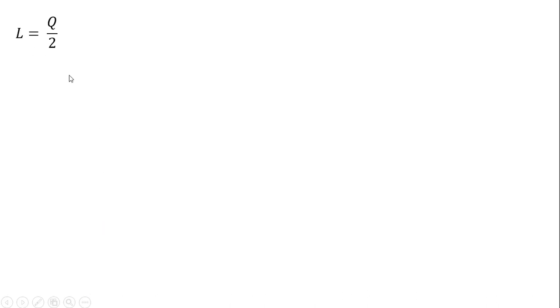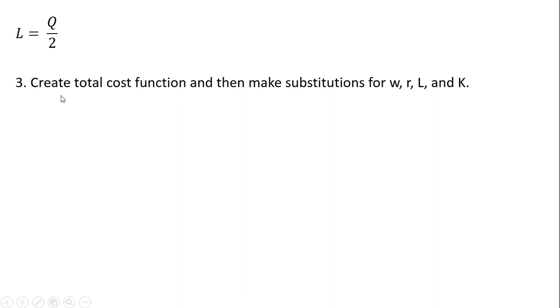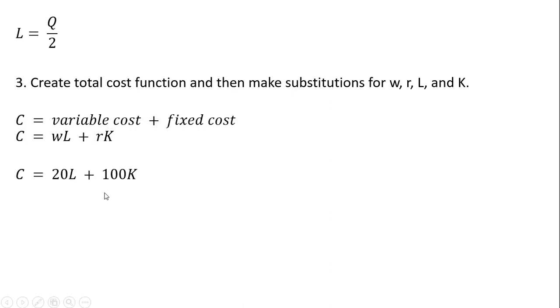Once we got L equals Q divided by 2, we move to step 3, and we're going to create the total cost function, and then we're going to make a bunch of substitutions. So total cost is variable cost plus fixed cost, where the variable cost is the wage times the number of variable inputs, labor being our variable input, and fixed cost will be the price of capital times the fixed units of capital.